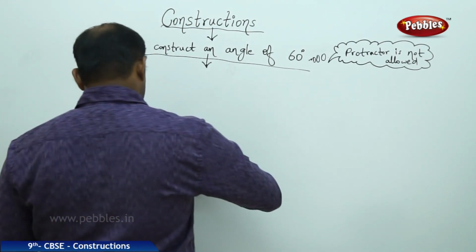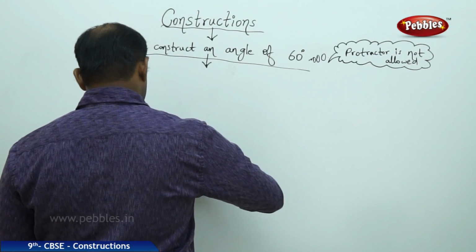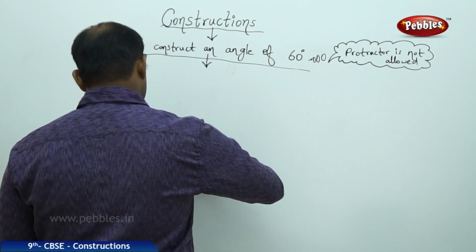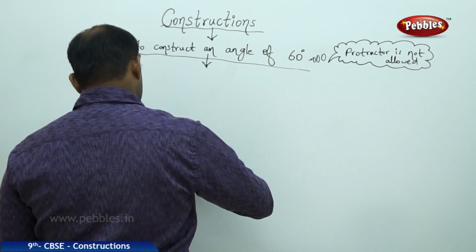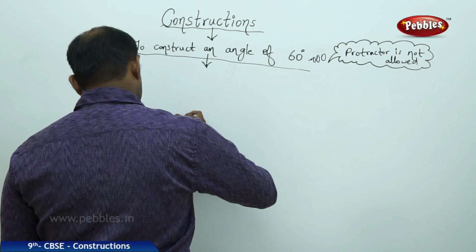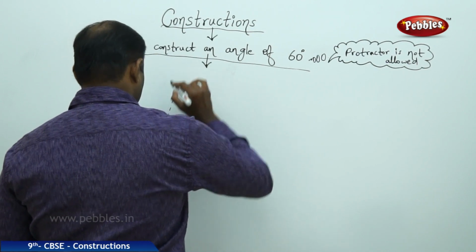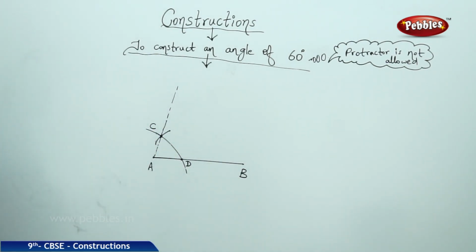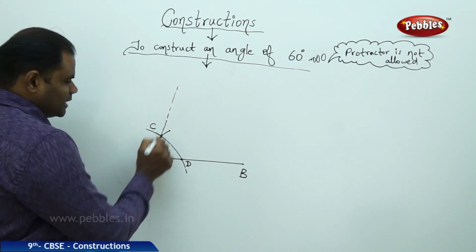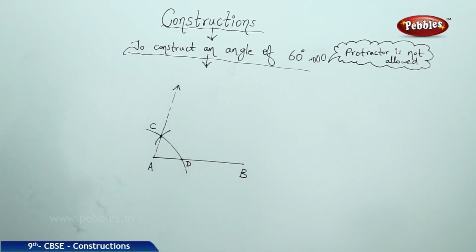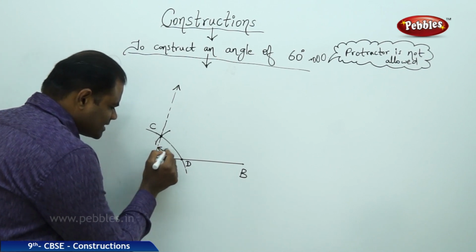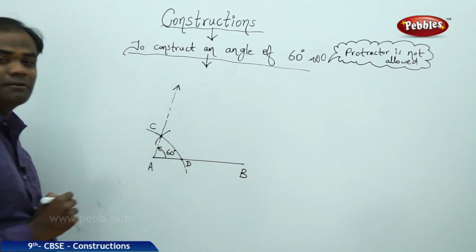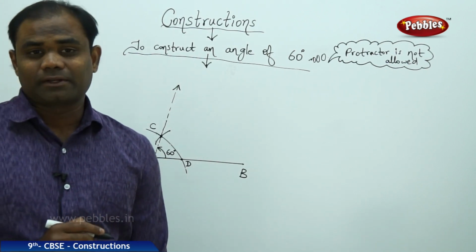Let me extend this line, and then I get this line which cuts here at C and is extended further. So here the angle which is formed at A is exactly 60 degrees, perfect, without using the protractor.